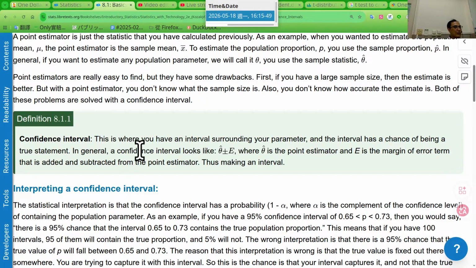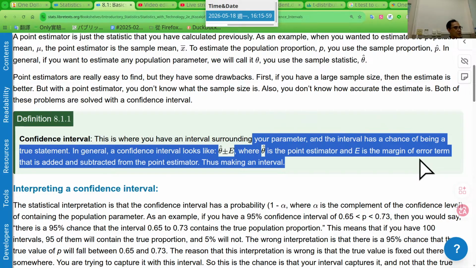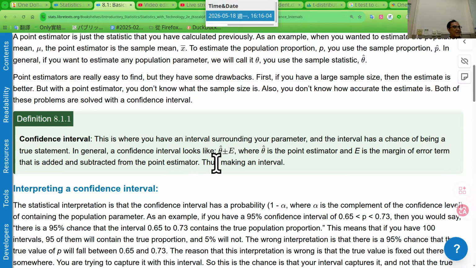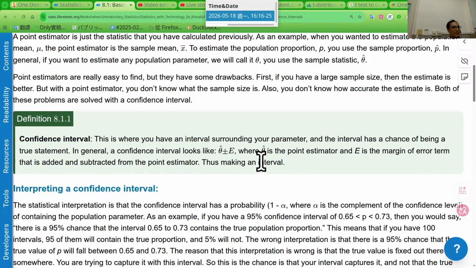This is where you have an interval surrounding your parameter, and the interval has a chance of being a true statement. In general, a confidence interval looks like theta hat plus minus E, where theta hat is the point estimator and E is the margin of error term that is added to and subtracted from the point estimator, thus making an interval.